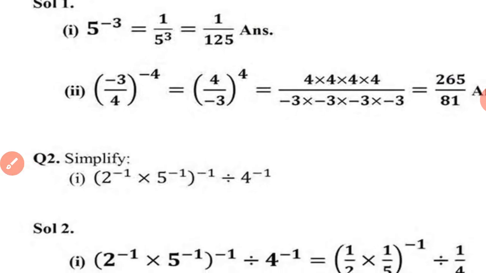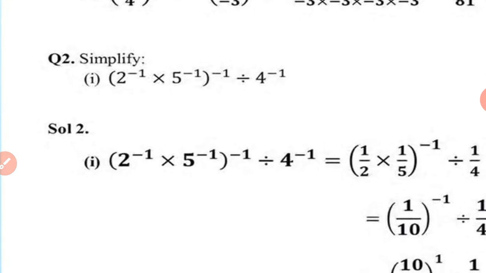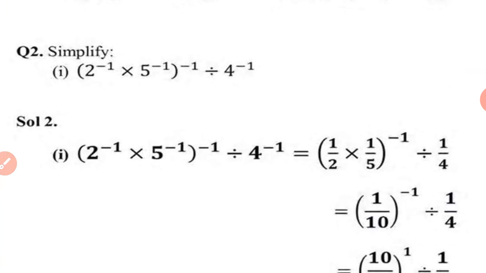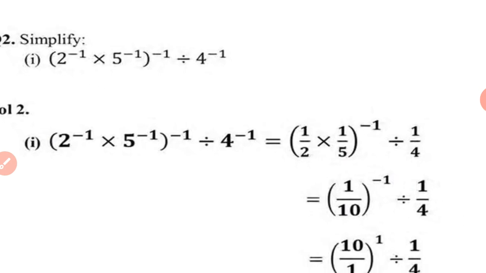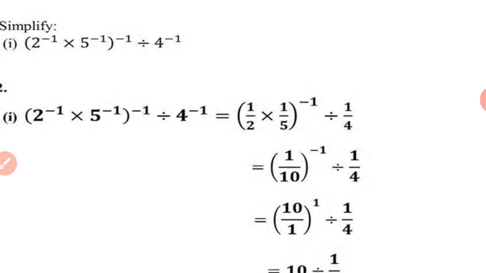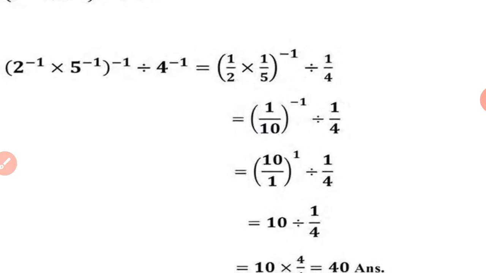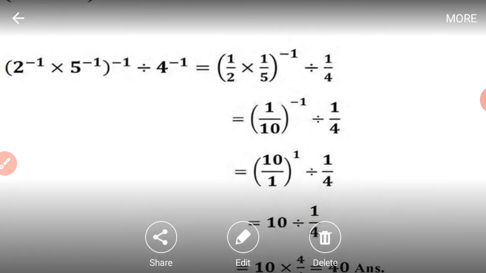Now after this, see question number 2. In question number 2, simplify ((2^(−1) × 5^(−1))^(−1)) divided by 4^(−1). See the first part: (2^(−1) × 5^(−1))^(−1) and divided by 4^(−1). Here 2^(−1) can be written as 1/2 and 5^(−1) can be written as 1/5.